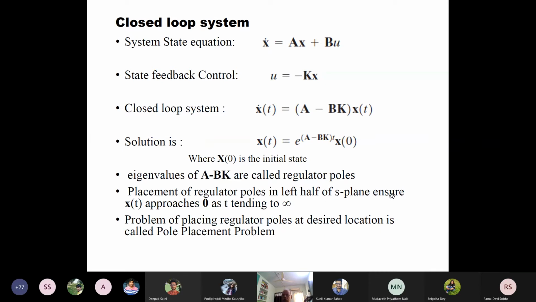Unless we put these regulator poles in the left half of the S-plane, x(t) will not approach 0 as t tends to infinity, because the left half plane is the stable plane. If the poles lie in the left half plane, the system will be stable and go to the final steady state value, which is 0 in this case.